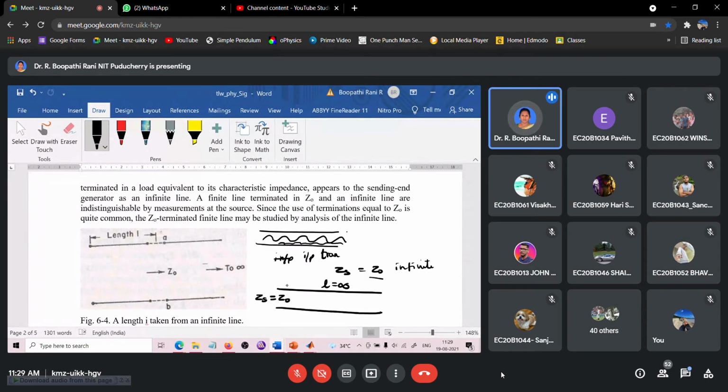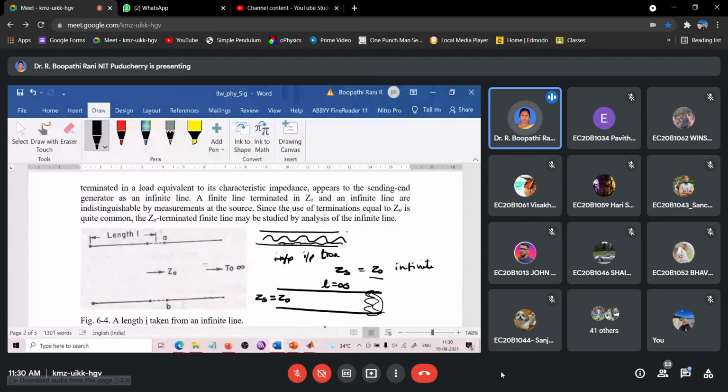Consider we remove some portion of the infinite line. After that, what will be the length of the line? Infinite, only infinite. So the input impedance is Z0 only.